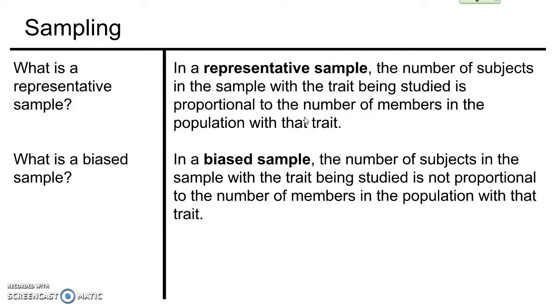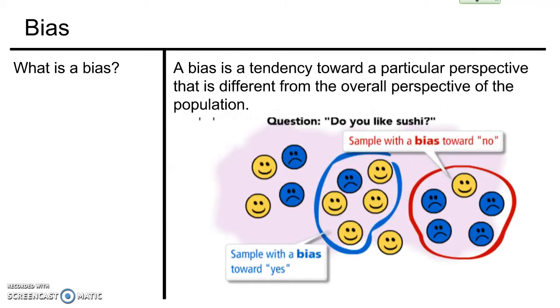You can set up a proportion with the numbers of the sample that would represent the numbers in the population. In a biased sample, the number of subjects is not proportional because it is a biased sample. Remember that bias means a tendency toward a particular perspective that is different from the overall perspective of the population. It is not a random sample if it's biased.